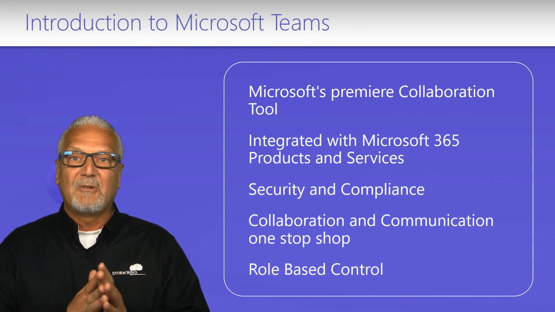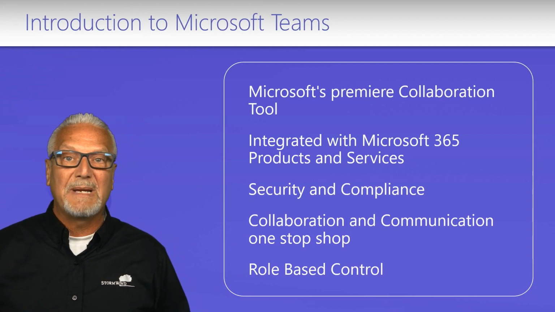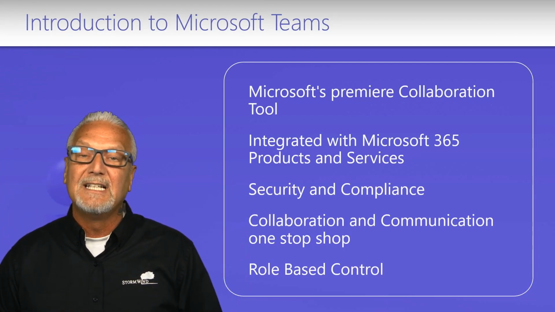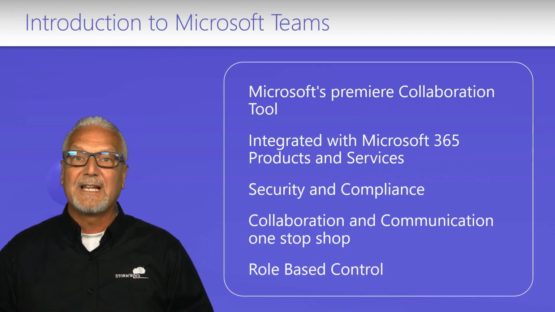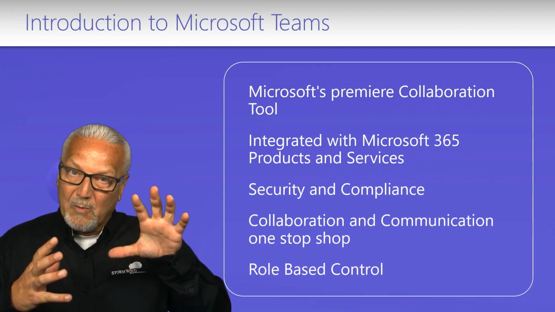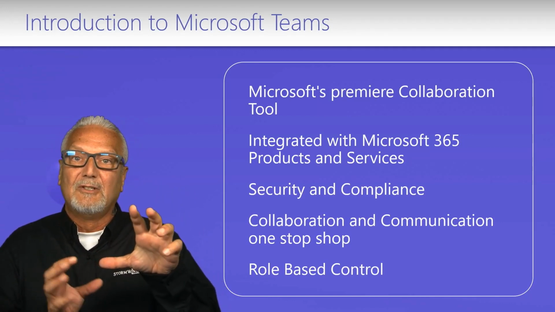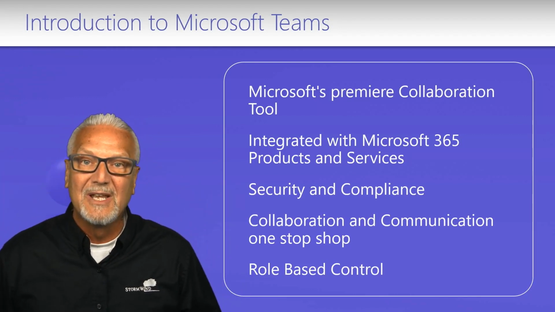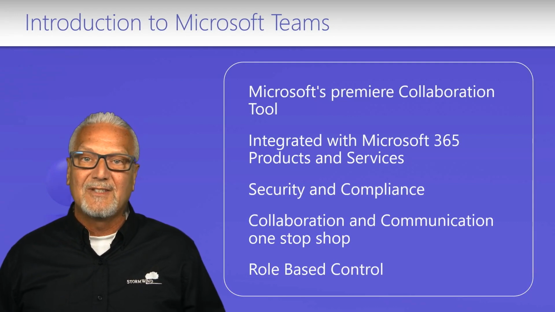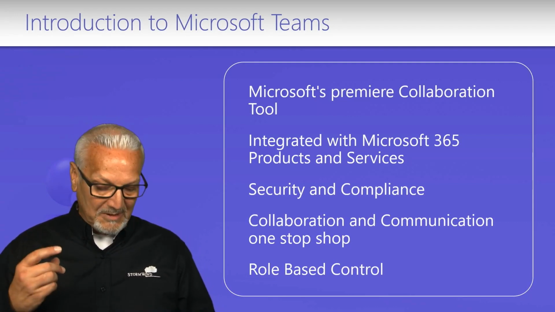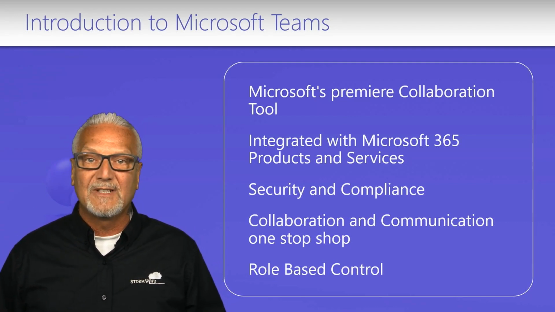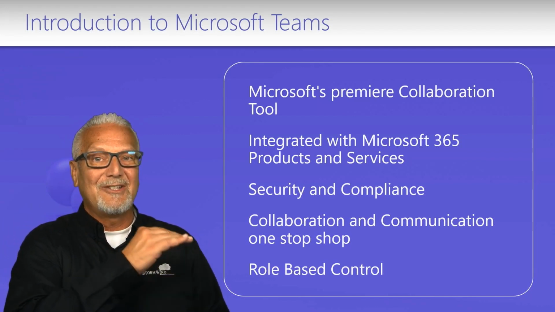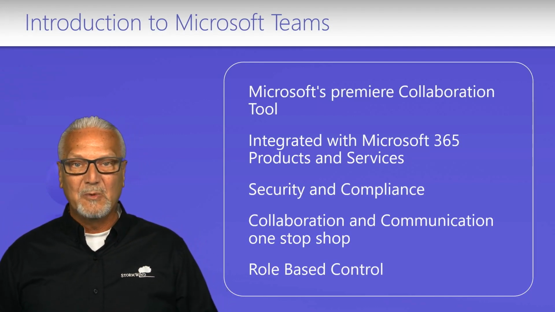And when that group gets created, it's going to create these collaborative spaces, a shared mailbox in Exchange, and a SharePoint Online site collection with a SharePoint Online modern team site. And what we're going to do is we're going to use that as the glue and put this user interface over it that we call Microsoft Teams. And then we're going to really optimize the UI, the user interface, to allow for a very powerful collaborative experience, but it's all in one place. So a collaboration and communication one-stop shop, if you will.